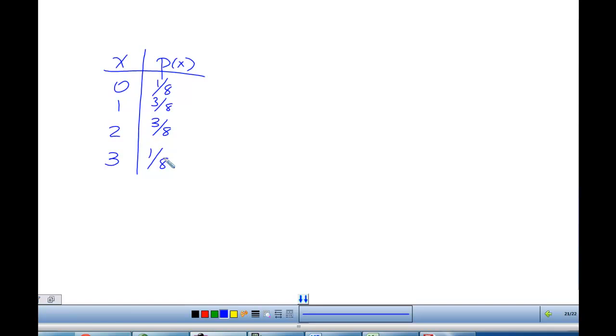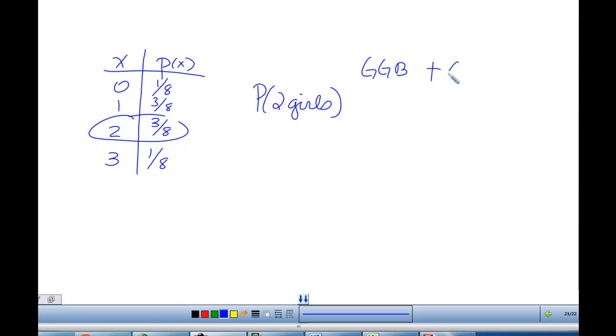Well, let's consider the case where we've got 2 girls. We're interested in the probability of 2 girls. So we're considering the outcomes girl, girl, boy, or girl, boy, girl, or boy, girl, girl.